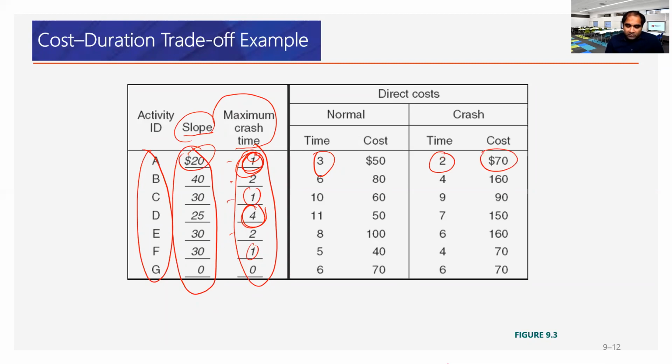From E4, from 11 to 7 days, at 25 per unit, 100 should be added. So it is a very linear, straightforward relationship. The trick is how you determine the maximum crash time and the slope. These two are the tricky part.